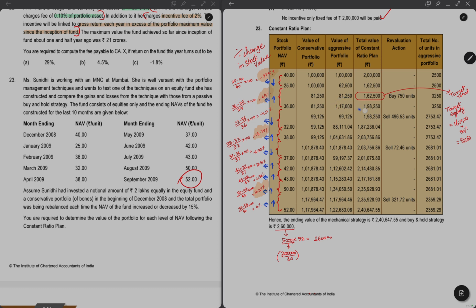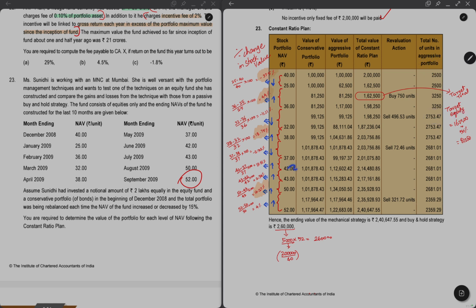Now the total comes up to 198, and this has to be maintained in equal proportions. So from 117, the equity portion will become 99 and the bonds portion will become 99,125. Since from 117 it is reducing to 99,125, we have to sell 496.53 units. Hence the balance of units will become 2753.47.